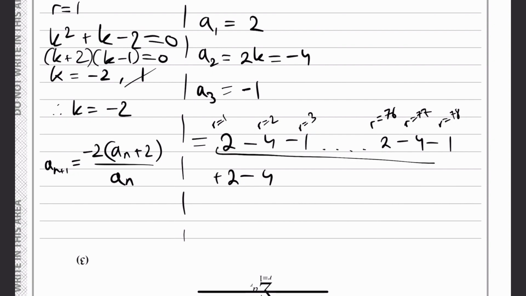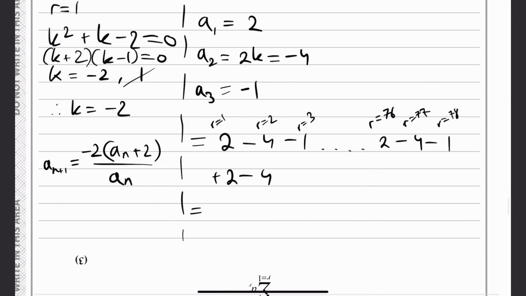Now, between this and this, we're going to have how many multiples? If R was, let's just say, 4, then that would be 1 multiple. So you do this number minus that, divide by 3.